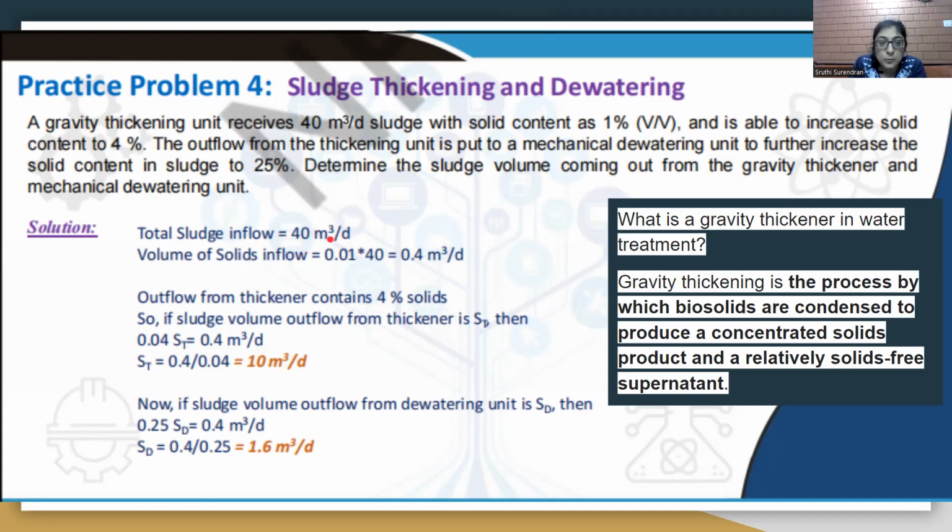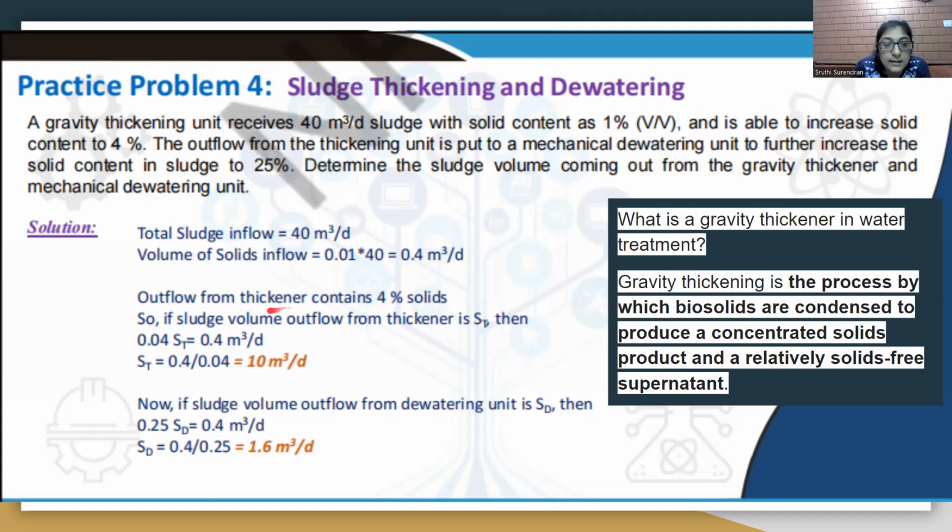Here, this meter cube per day is giving us the volume of the sludge, that is the flow rate of the sludge. And this value is giving us the volume of the solids in the sludge per day.